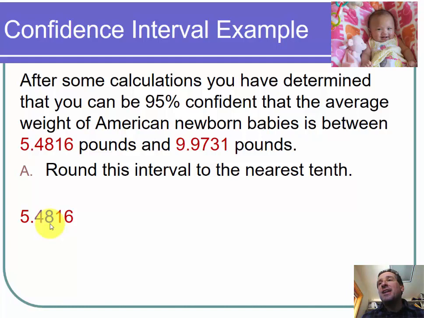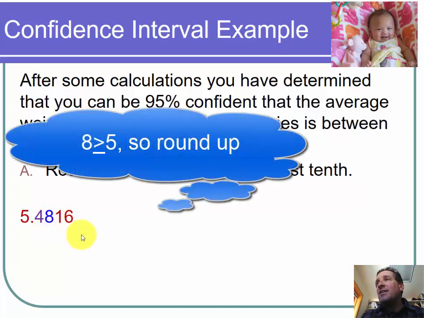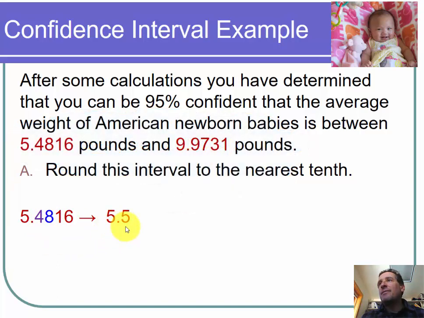In this case, 8 is larger than or equal to 5, so we're going to round the 4 up. What we do when we round up is we take our rounding number, the 4, erase everything to the right of it, and round the 4 up to a 5, and we end up with 5.5.